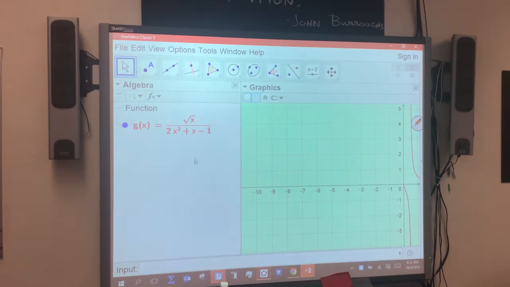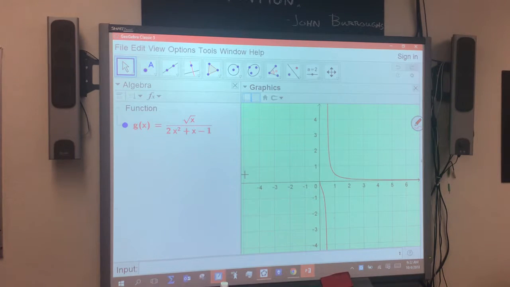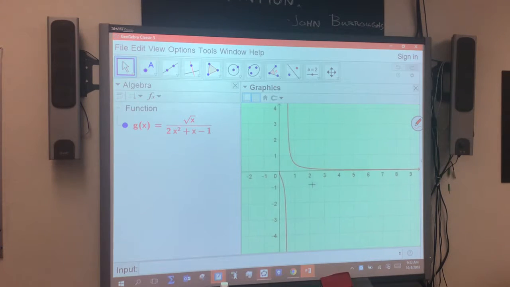All right, so we're looking at that graph right there, correct? Okay. I'm going to come over here. This is that graph. Do you see how it's not existing over here to the left of 0? There are no y values being plotted for values left of 0. Okay. The only values that we're interested in are those to the right of 0. So we said that x has got to be greater than 0.